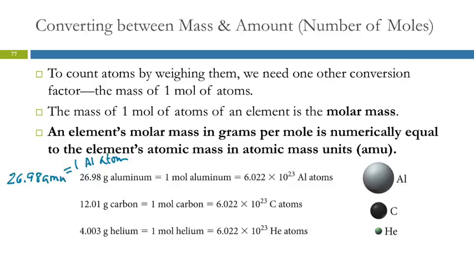If you have a dozen ping pong balls and a dozen bowling balls, are the masses going to be the same? No, because bowling balls are like 10 pounds each and ping pong balls are almost nothing. So a mole is a number of things, and then how much that dozen, that mole of things weighs, depends on how much each of the individual things weighs.